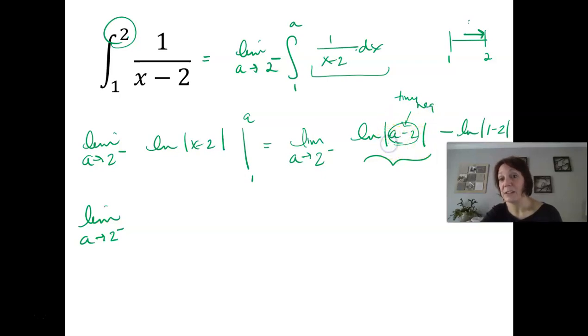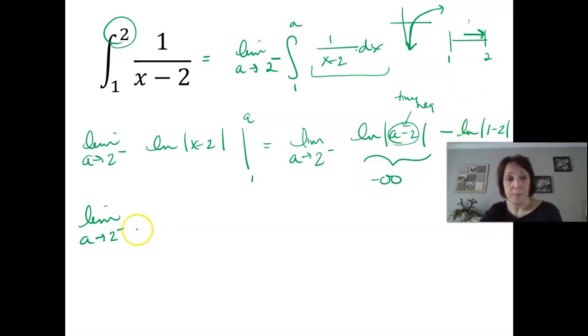Good thing I have this absolute value sign, so it's really approaching 0. What's happening to the natural log as you approach 0? I can't take the natural log of 0, but I can approach 0. If you know what the natural log graph looks like, and I know you do, approaching from this way it goes straight down to negative infinity.